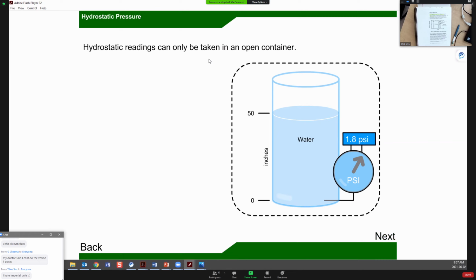But in this one, if you have a totally enclosed container, because of the gas or the airspace on top, the liquid usually you cannot compress.